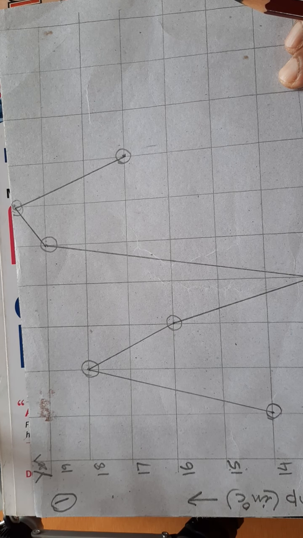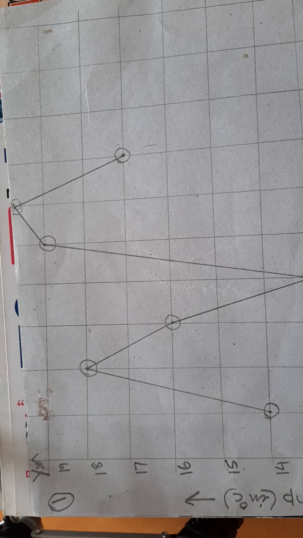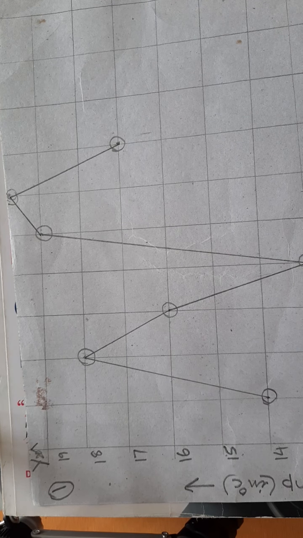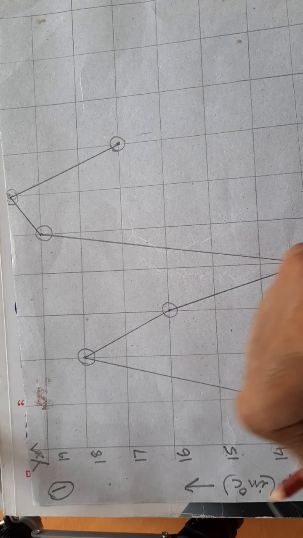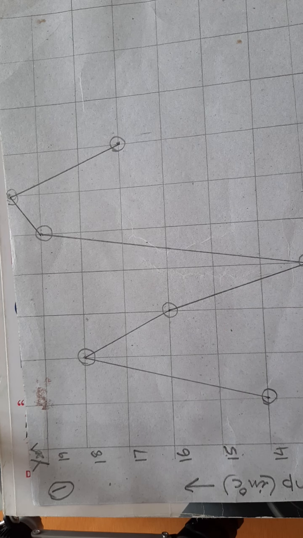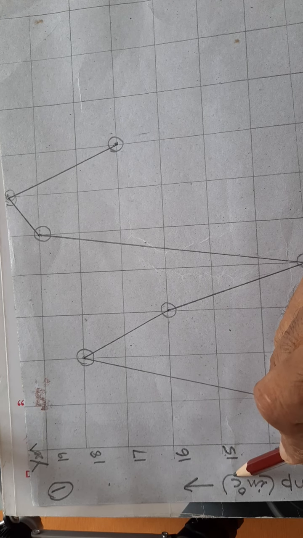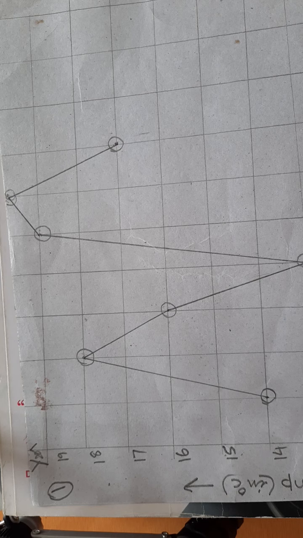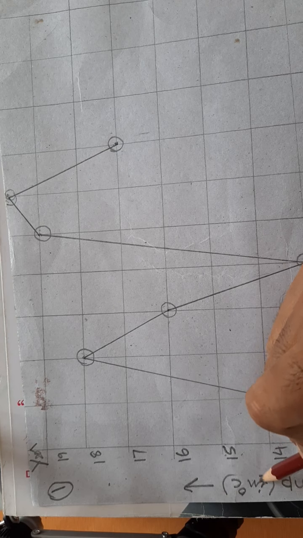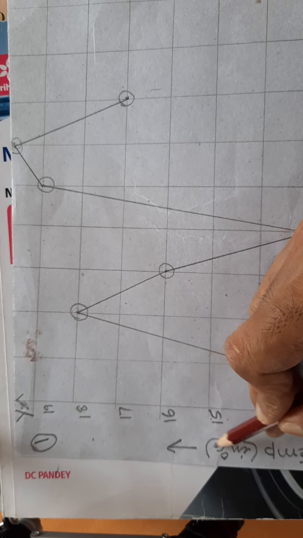You can plot the graph using two axes, horizontal axis and vertical axis, taking the horizontal axis as the independent variable and the vertical axis as the dependent variable. Unit is here in bracket. Days has no unit, so there is no bracket. But temperature has a unit. Temperature in degree Celsius, unit is here.